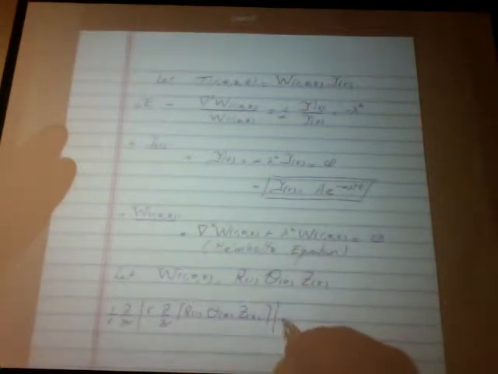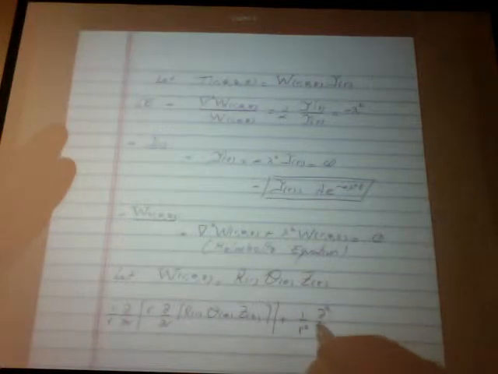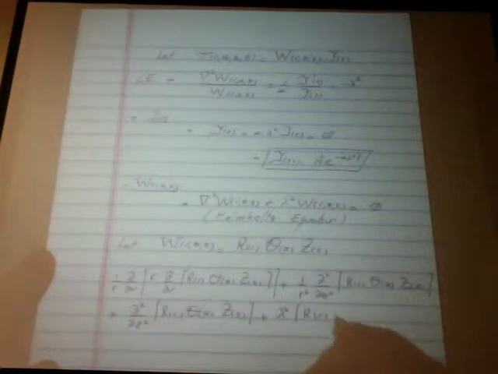In the theta direction, we have 1 over r squared, the second derivative with respect to theta squared of W(r, theta, z). And in the z direction, we have plus the second derivative with respect to z squared of W(r, theta, z), plus lambda squared times W(r, theta, z) is equal to 0.